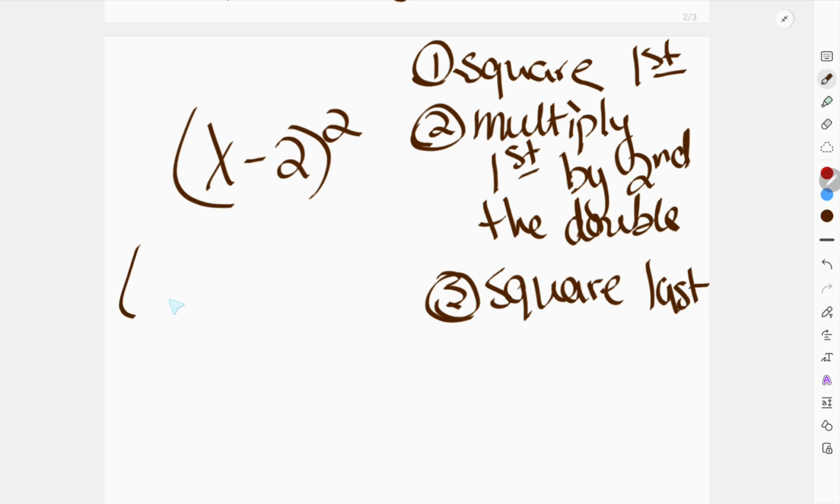Now you are 100% welcome to do it out like this and just do the FOIL method, if that's what you want. Or you can do it this way.